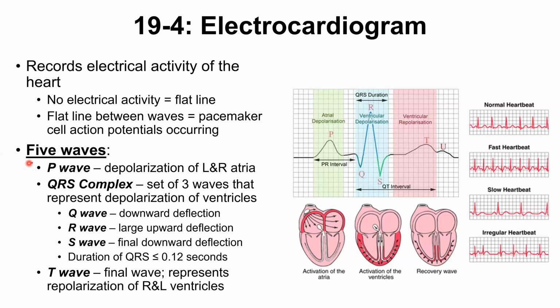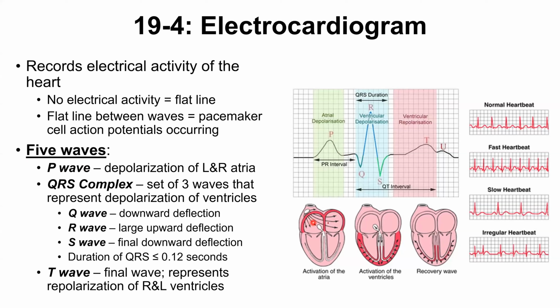So let's first look at these different waves. So we have the P waves, which is this first wave, the P wave. This is when the SA node depolarizes the left and the right atria. Okay, so depolarization of the left and the right atria. Following depolarization comes contraction.